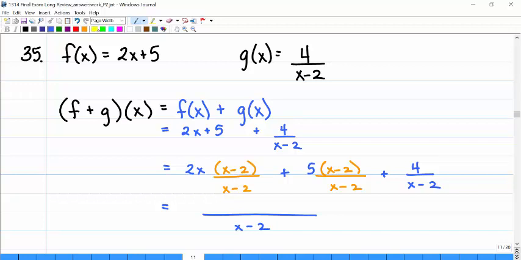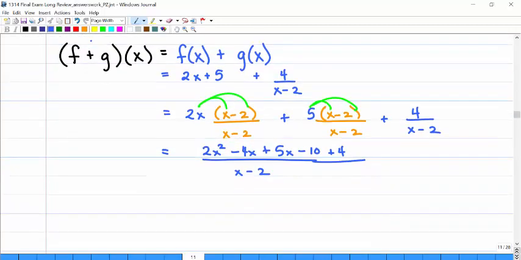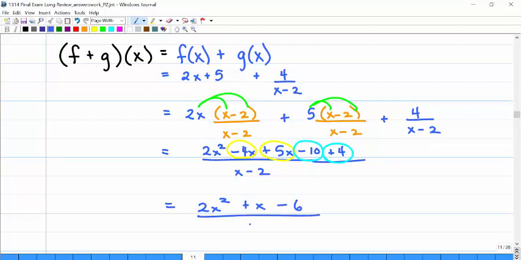In my numerator, when I distribute, I get 2x squared minus 4x plus 5x minus 10 plus 4. When I collect like terms, minus 4x plus 5x and negative 10 plus 4, my numerator becomes 2x squared plus x minus 6 over x minus 2.